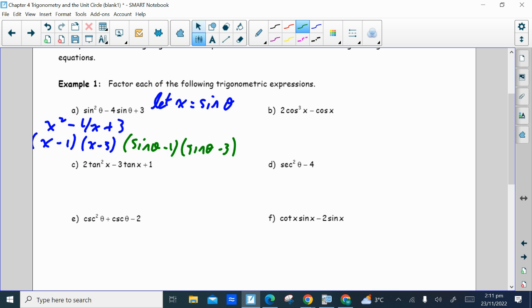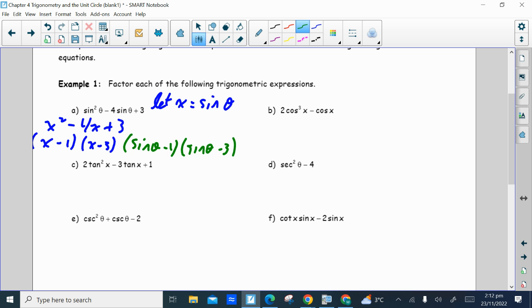It's just a way of writing it without brackets. The outer product would be -3 sine theta. The inner product minus 1 sine theta. -3 take away 1 is -4 sine thetas. And -1 times -3 gives you your +3. So this is a strategy that you can use when you're factoring these expressions involving trig functions.